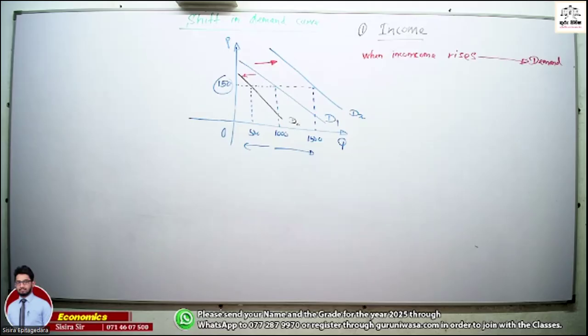Food. What type of food? Ice cream. When you are getting rich, do people reduce the demand for ice cream? No, sir. What about public transport?